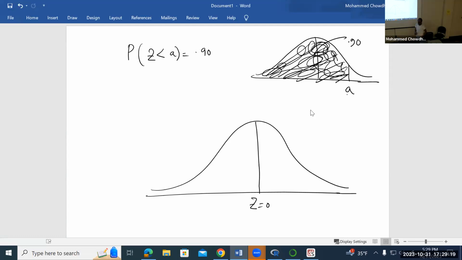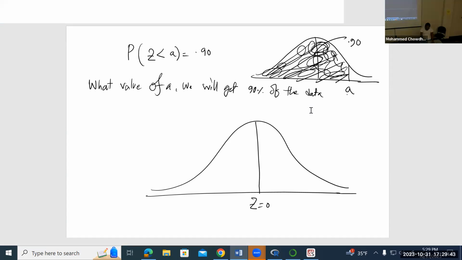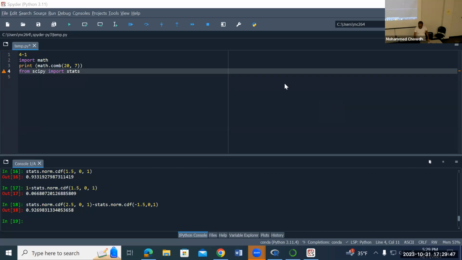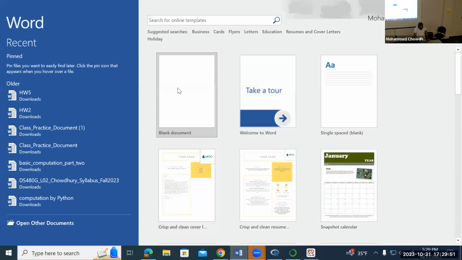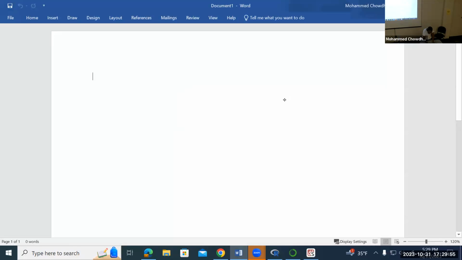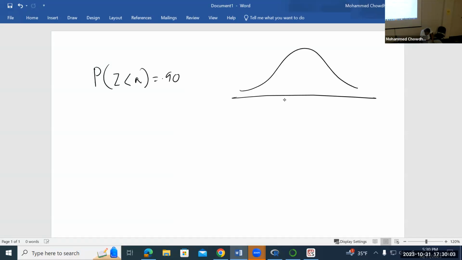Clear? So now the question I am asking: for what value of A will we get at most 90% of the data?